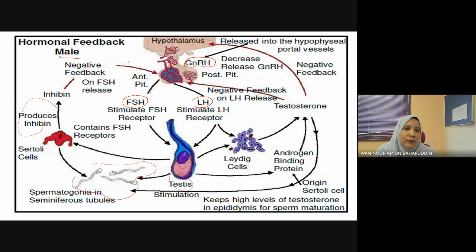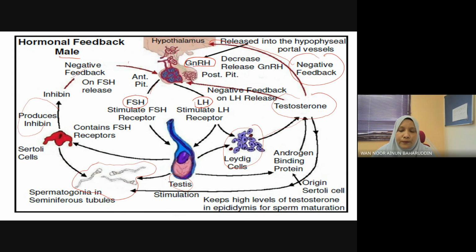So all of the spermatogonium will be developing into sperms in the seminiferous tubule. For stimulation of LH, they will stimulate the Leydig cells. The Leydig cells will produce testosterone. The testosterone also gives the negative feedback to the hypothalamus so that the GnRH need not release all of those.